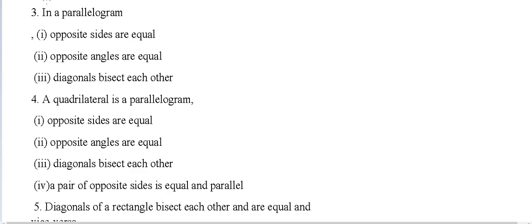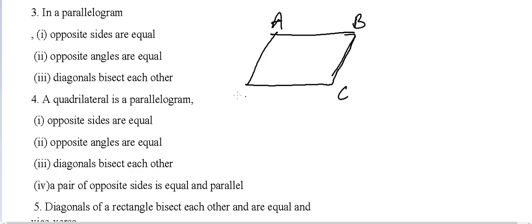In a parallelogram, opposite sides are equal, and opposite angles are also equal. As we all know, if this is a parallelogram, then the opposite sides as well as the opposite angles are equal.